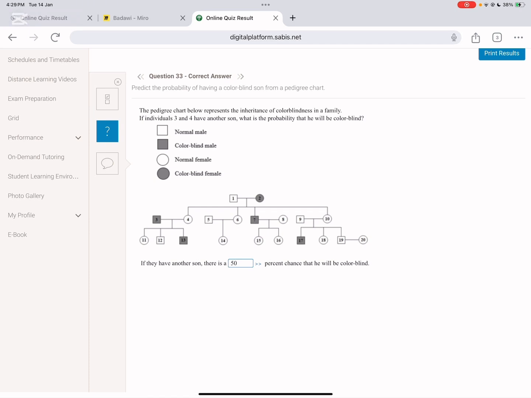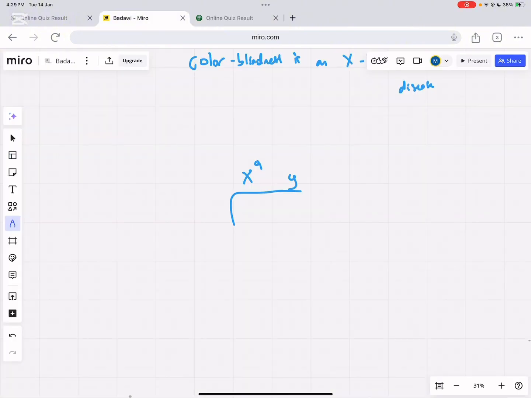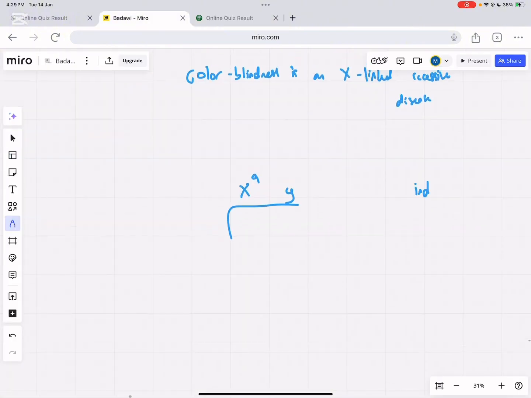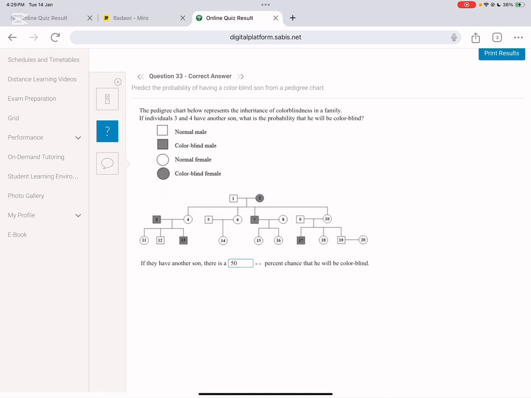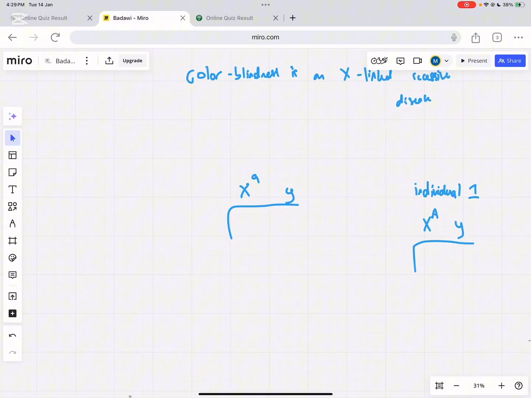Individual 1 is a normal male, so he has XAY, while individual 2 is a colorblind female. Since she's colorblind, she has 2 recessive alleles, so she can only give Xa. So what are the genotypes? XAXa and XaY.